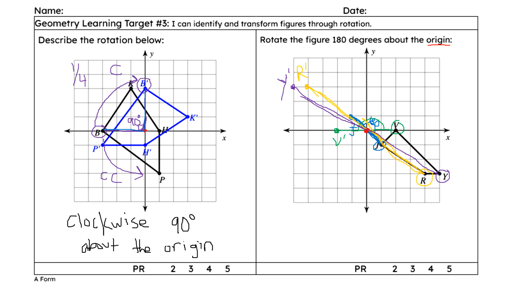Here is how we can double check if we got it right. I need to reconnect my 4 points, and here's how I think I did get it correct. Y prime and R prime are 1 space apart horizontally, and R and Y are 1 space apart horizontally, so I think I have done that correct right here. All right, so now let's see.